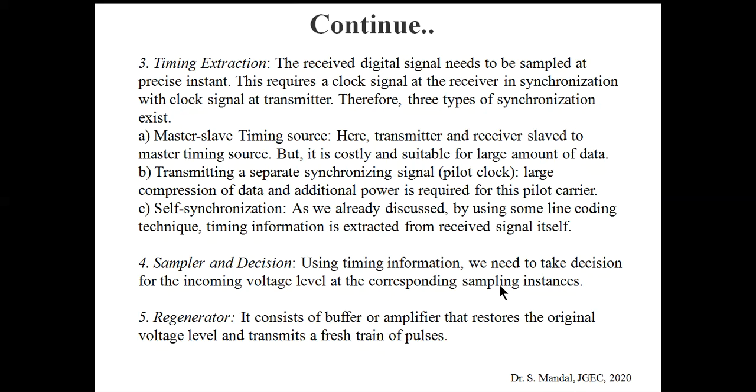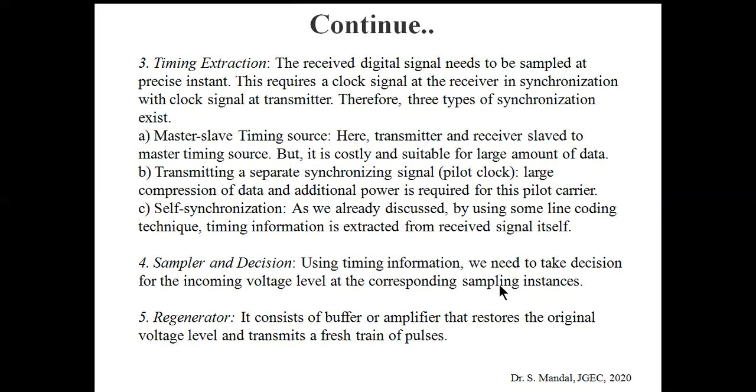Like the pilot carrier, we can use the pilot clock for the digital communication system. Now, self synchronization has already been discussed: by using some line coding technique like polar RZ, we can easily extract the timing information from it.